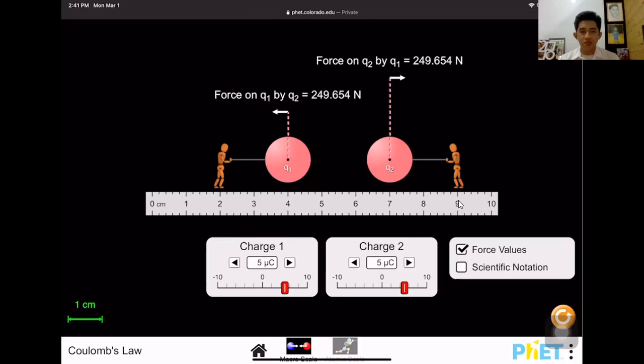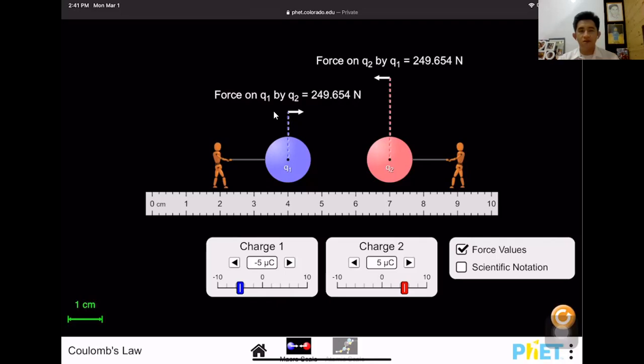If I change the charge of Q1 into negative, so we have a negative 5, you will notice that both of them attract one another.